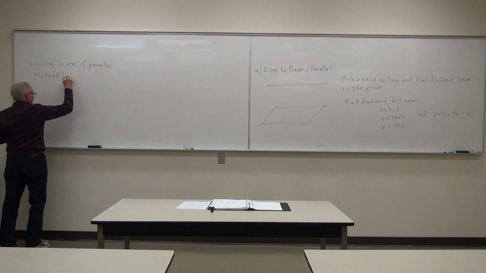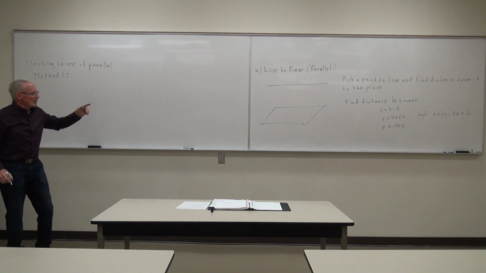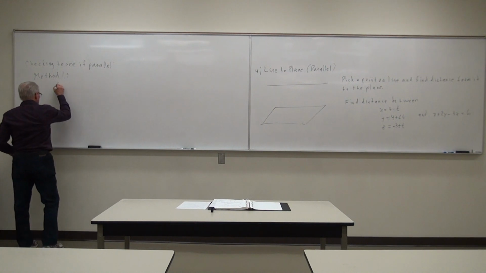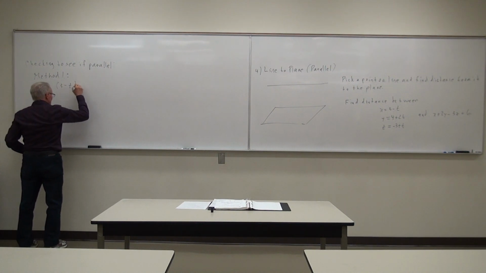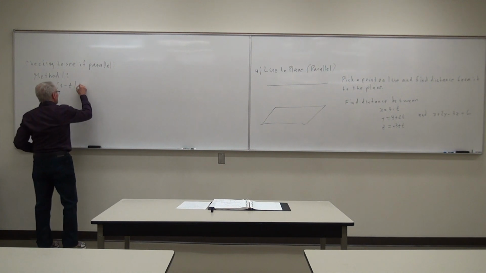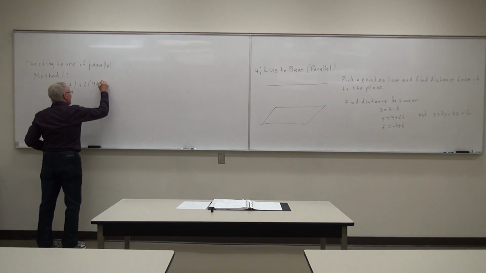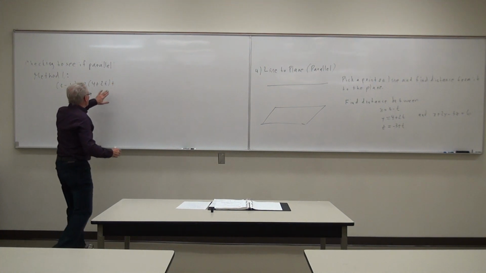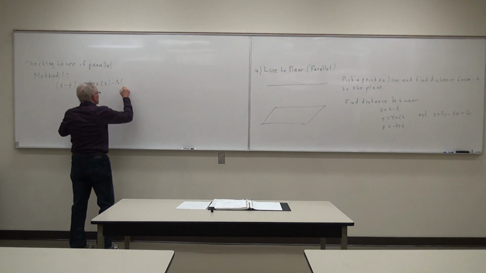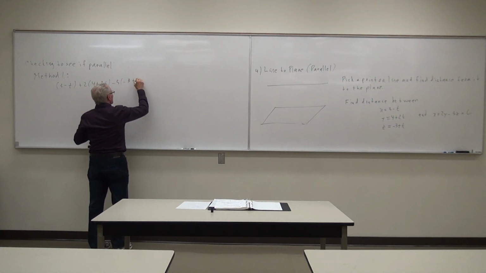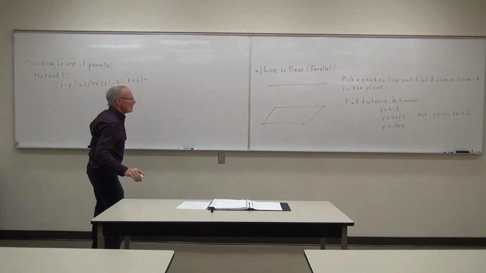Method 1. What we're going to do is put 3 minus t in for the x, 4 plus 2t in for the y, and then minus 3 plus t for the z, equal to 6.